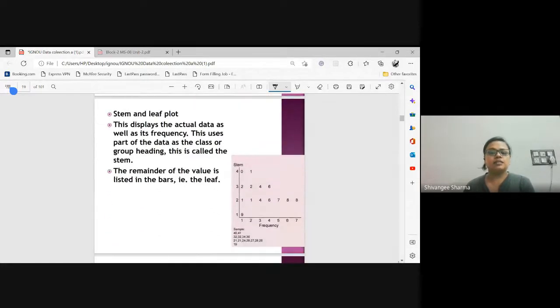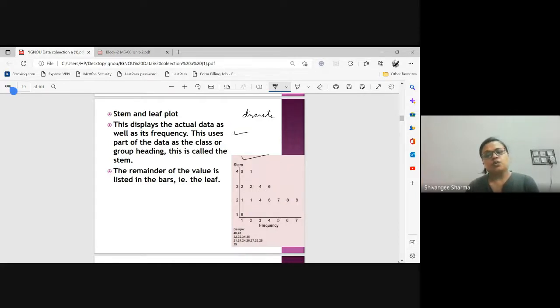Then comes the stem and leaf plot. It is basically in the form of frequencies. This displays the actual data as well as its frequency. So the problem of discrete data, which was not considered in your bar diagram, is considered in the stem and leaf plot.